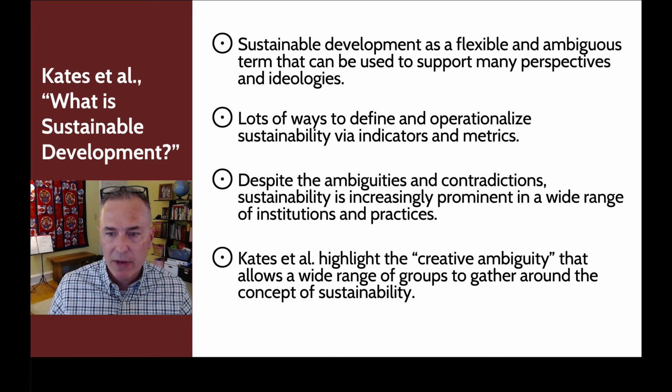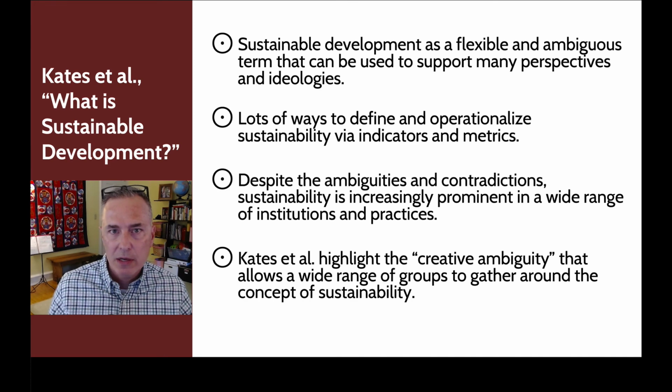And that creative ambiguity, a term they use several times throughout the article, allows us to bring together a broad set of actors and institutions to try to figure out how to do this work.